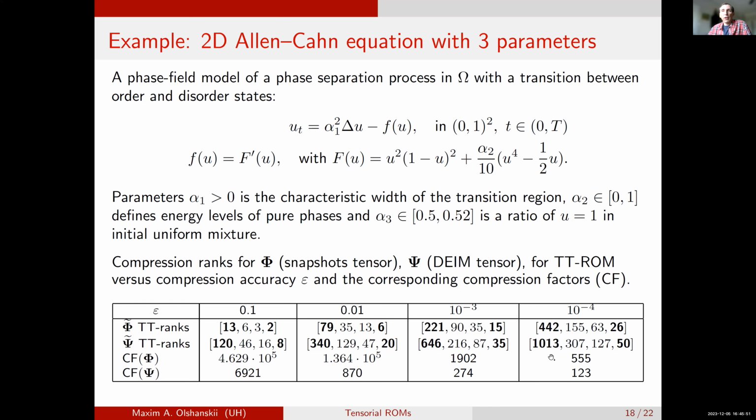So the first rank is the dimension of the universal space, which is the space which approximates all possible states for all parameters and for all times.